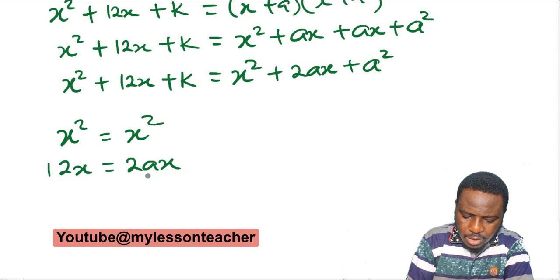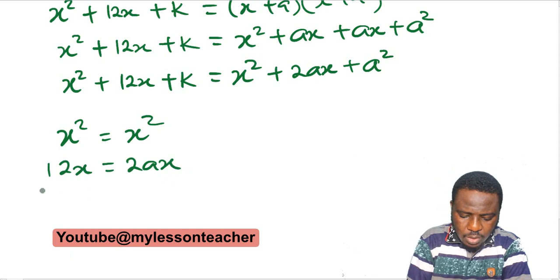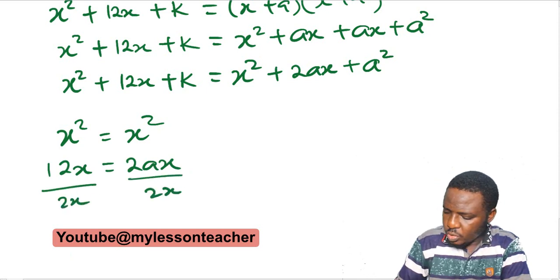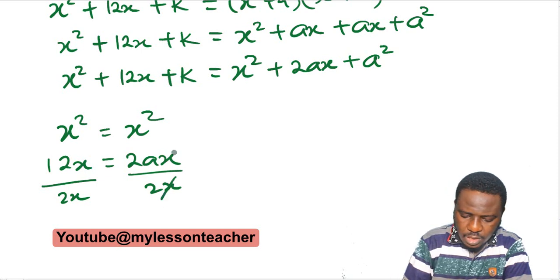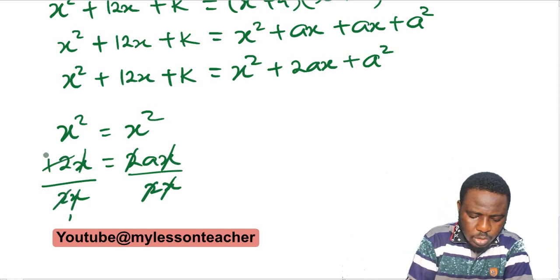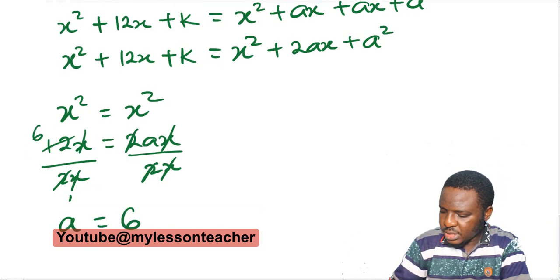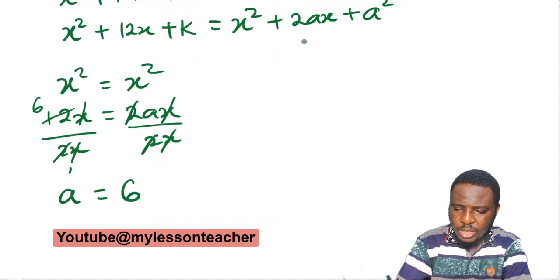With this, if you make a the subject of the formula, by dividing both sides by 2x, the x will cancel itself, and 2 into 12 is 6. So you have it that a is equal to 6. That is for the middle term.